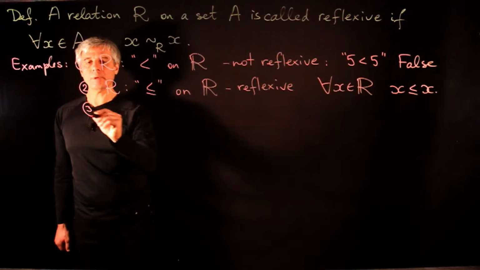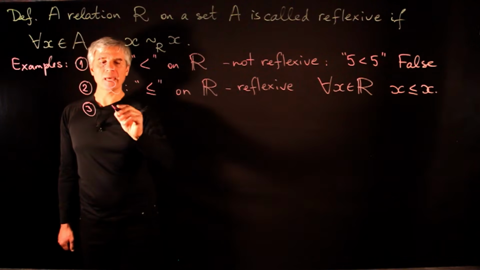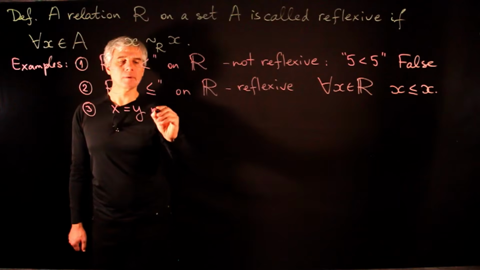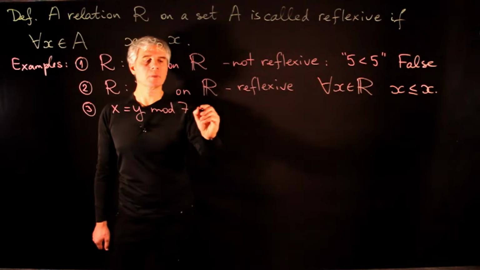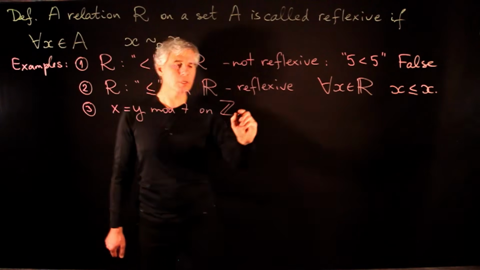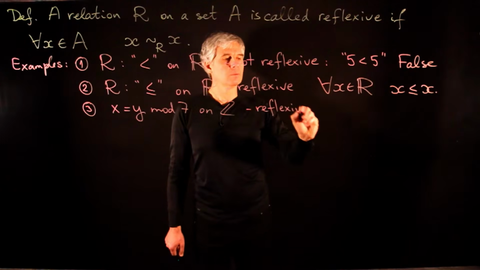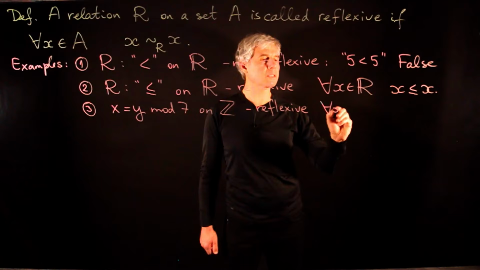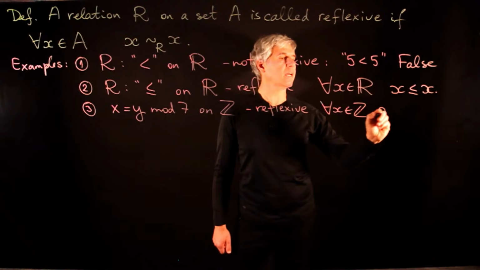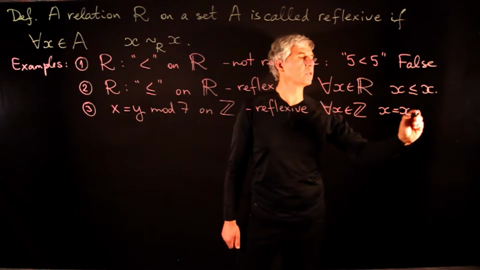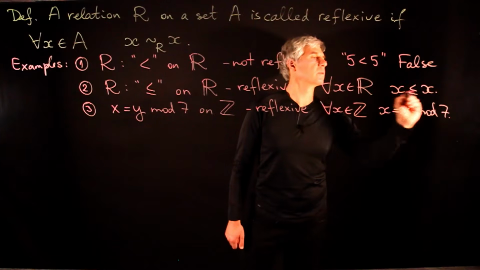And third, the relation x is equal to y mod 7 on the set of integers is reflexive, since for all x in Z, x is equal to itself mod 7.